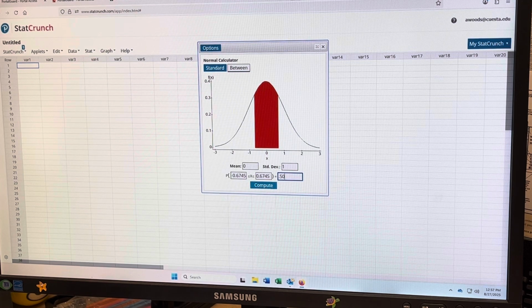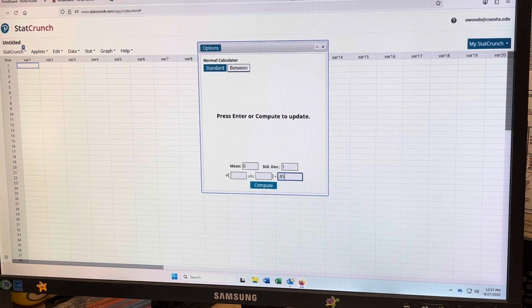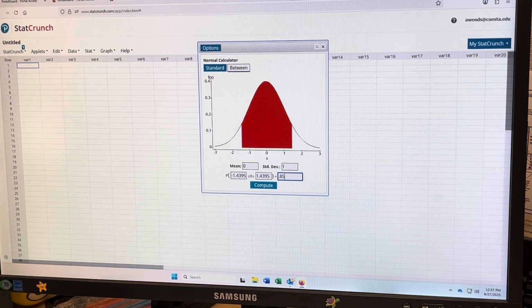If they gave you 85%, change that to 0.85, and there are your z-scores. All right, so using Statcrunch to find the areas is not that bad.